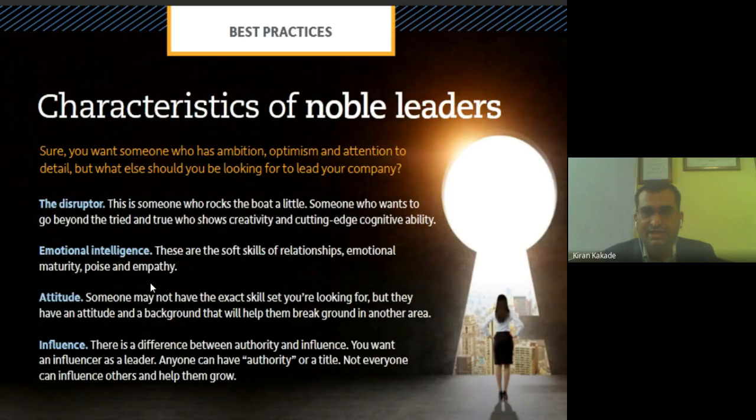If you are hiring a person at your top level who will look after your customers and build the relationship with them, then the emotional intelligence factor plays an important role. In this way, as per the roles and the definition of positions, you need to go for building the leadership or succession plan.